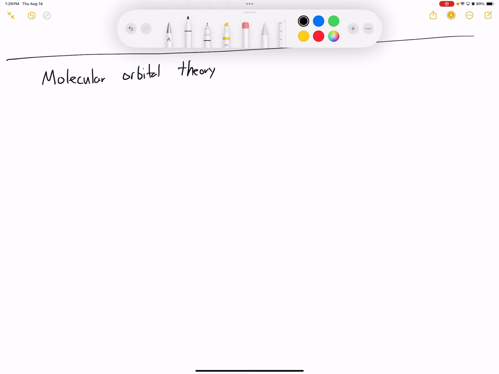Does anyone know what I'm talking about? What's the difference between molecular orbitals and atomic orbitals? Anyone? Okay, no, it's an advanced theory, so I'm just wondering. So this is an advanced theory of bonding.